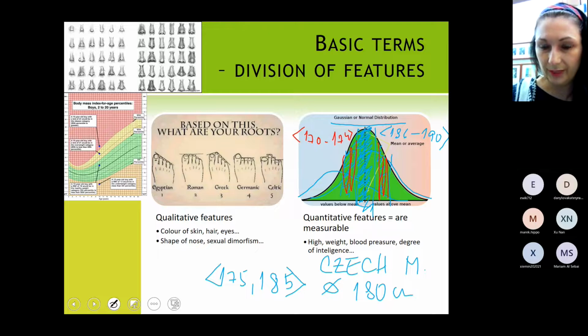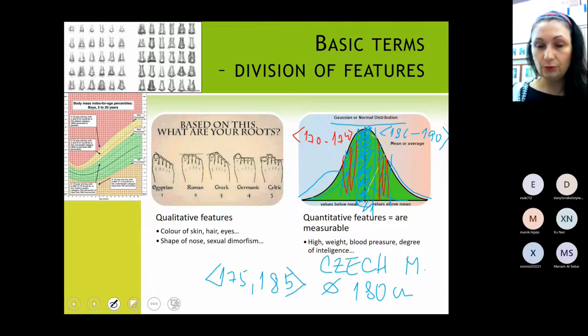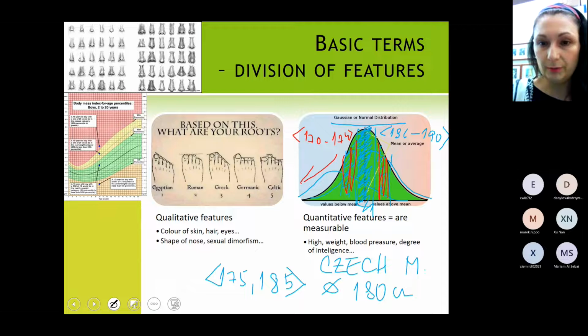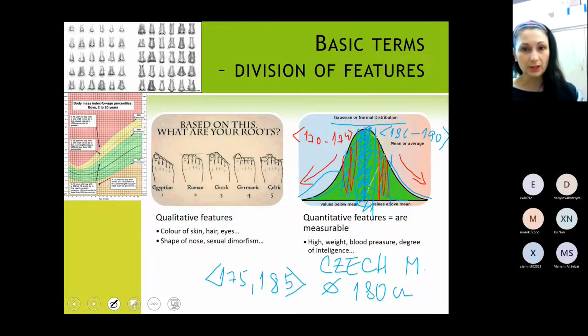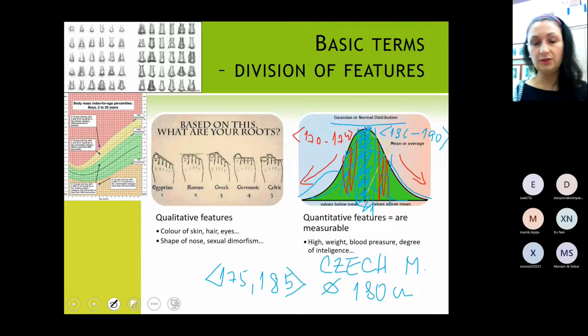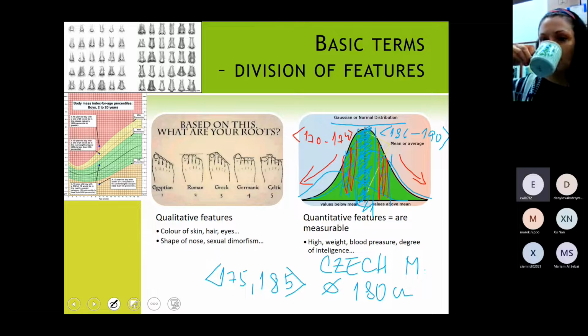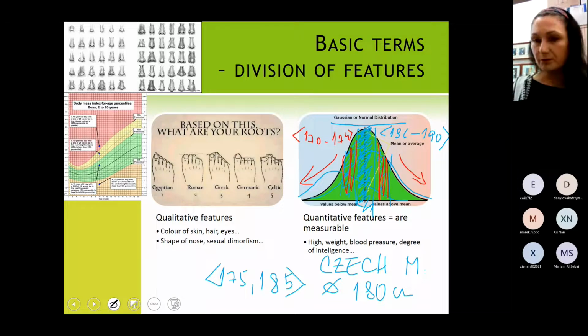And then we can continue on both sides to the smaller people and to the taller people. Yeah. So this is Gaussian distribution of measurable or quantitative features. Is it clear for you? Yes. Okay.